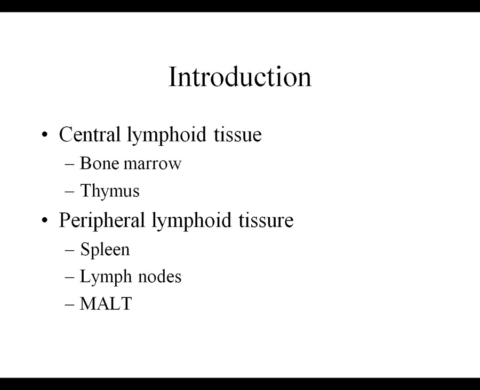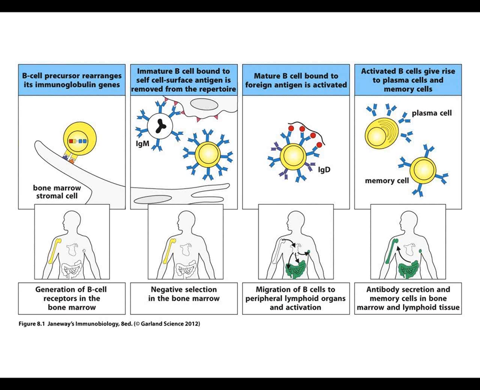So the central lymphoid tissue is to be differentiated from the peripheral lymphoid tissue, which would be things like the spleen and lymph node and MALT, where the mature lymphocytes would reside, ready to fight infection.